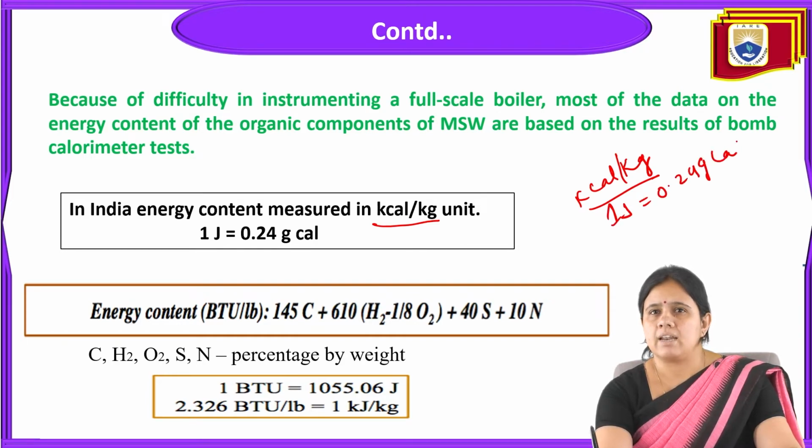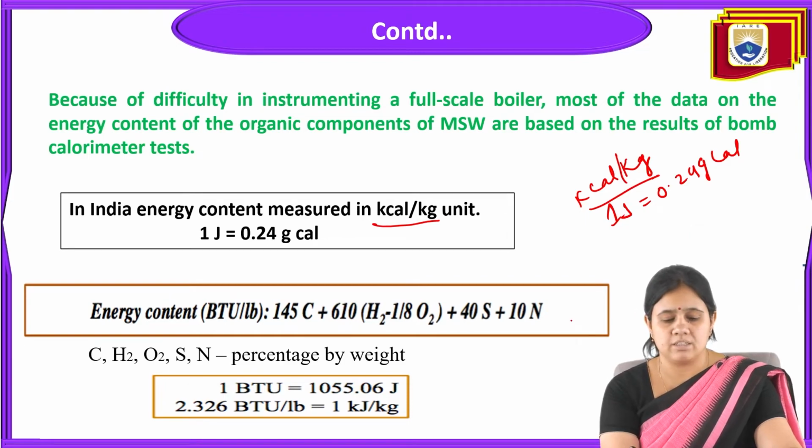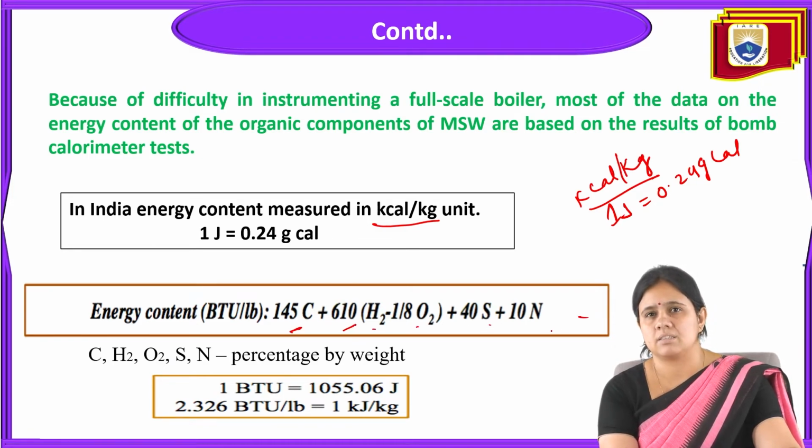The unit to measure energy is kilocalorie per kg, and 1 joule is equal to 0.24 calorie. The energy content can be calculated by this formula: 145 carbon, 600 hydrogen, oxygen, and sulfur. Like I told you, CHNOS can be used to calculate the energy content of the particular waste. If we know its elemental composition, then we can calculate it by this method.